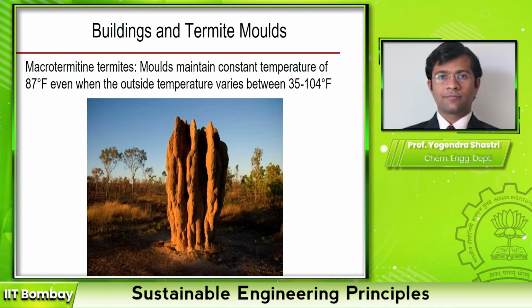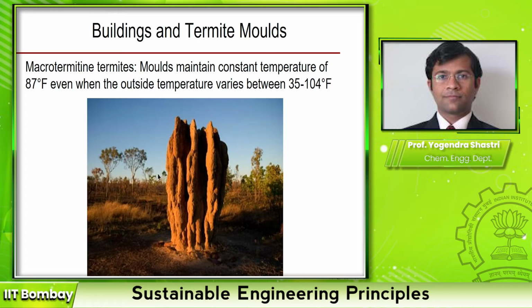The second example that I am taking is related to architecture or building construction. The natural parallel, or the example from nature that was the inspiration for this architectural design modification, was the microtermite mounds.